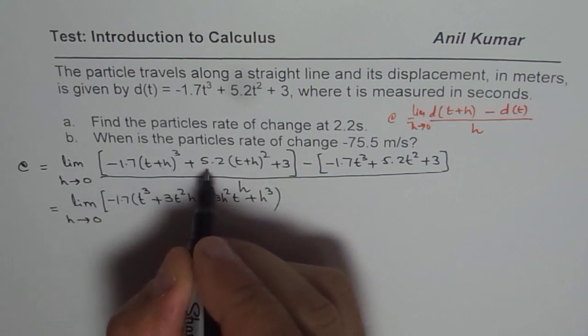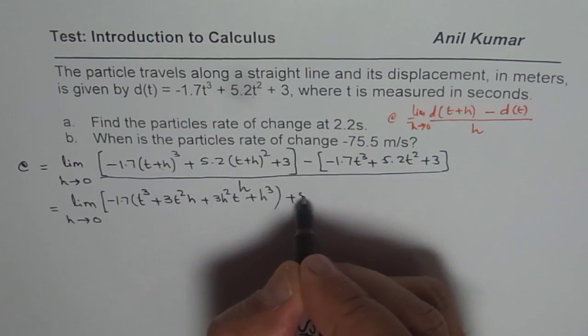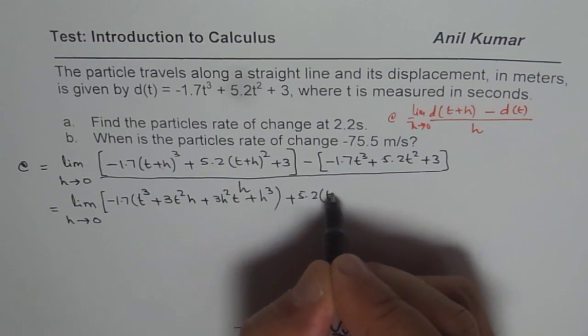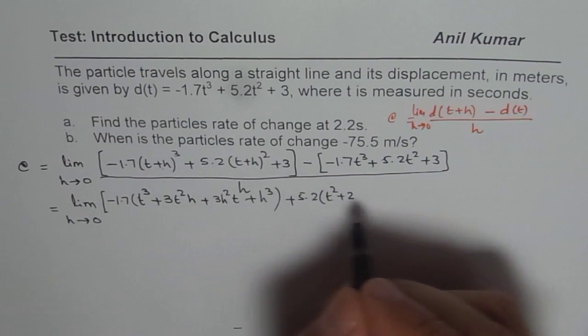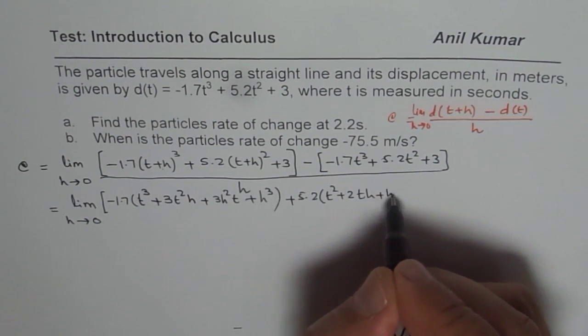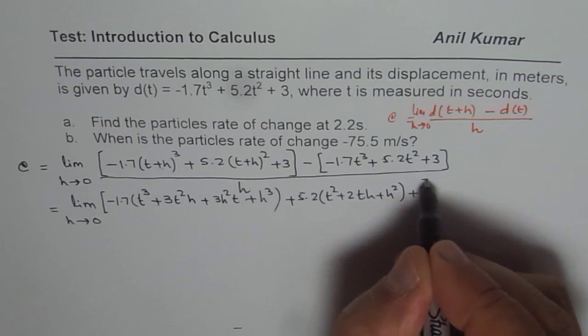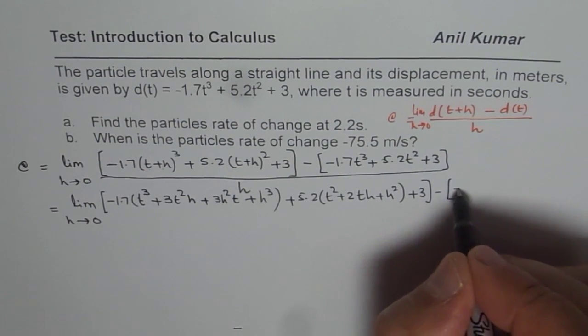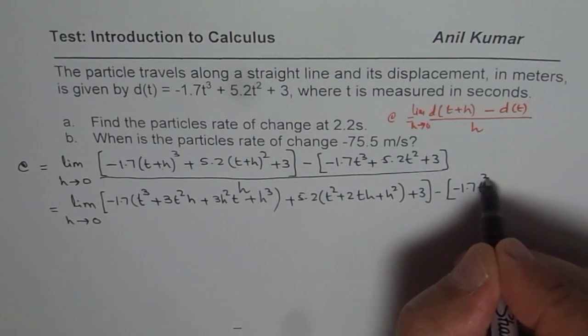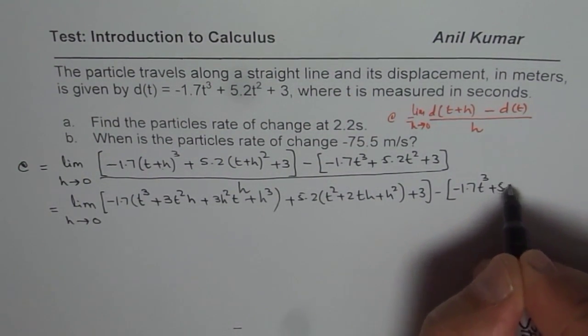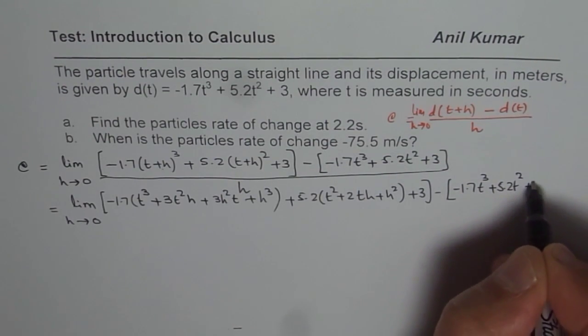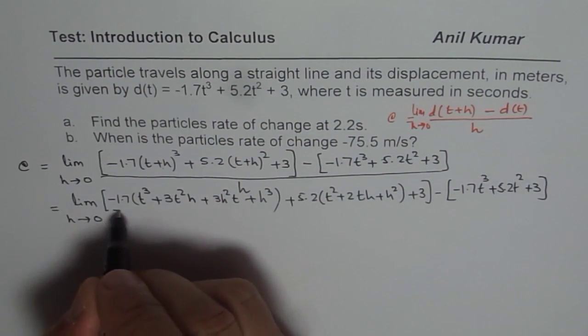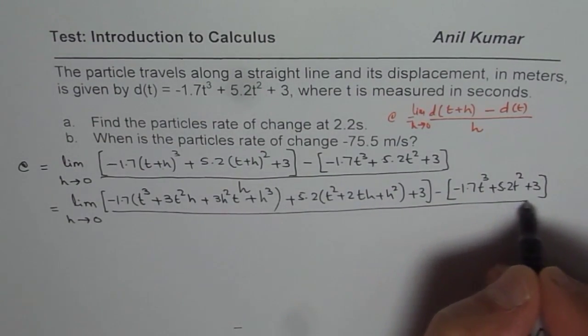That is the first part. Then let's expand the next one, which is 5.2 times t squared plus 2 t times h plus h squared, plus 3. Take away minus 1.7 t cubed plus 5.2 t squared plus 3, and everything divided by h.